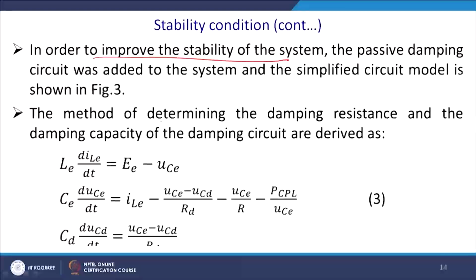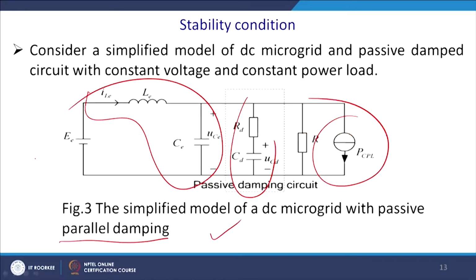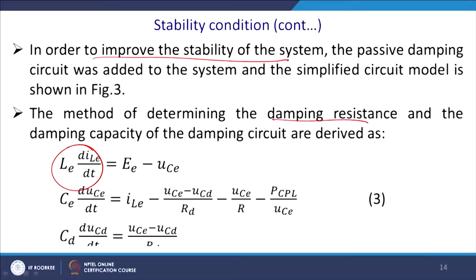The method of determining the damping resistor and the damping capacitor can be derived as follows. L di/dt is the voltage across this inductor. Please refer to this figure, this element before the filter we say is the source Ec. So, you write this equation: L di/dt equal to Ec minus the voltage across the capacitor, that is Uc.